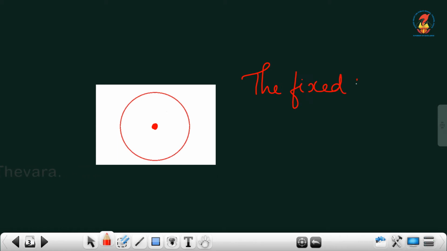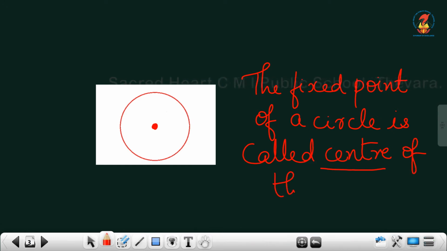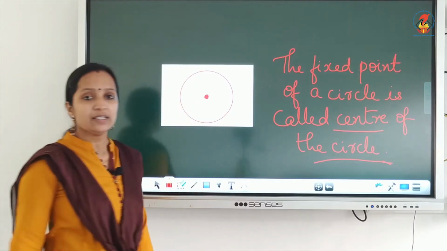The fixed point of a circle is called the center of the circle. So the fixed point is called the center of the circle.